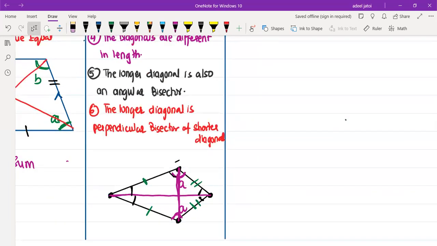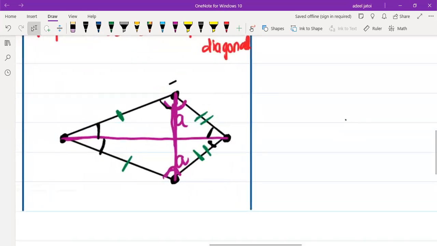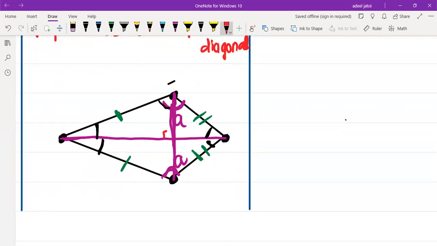Then the longer diagonal is the perpendicular bisector of the shorter. That means it will also be creating 90 degrees. So no parallel lines, two adjacent sides are the same. The two opposite angles from the two different sides will be the same. There is an angular bisector between the diagonals.